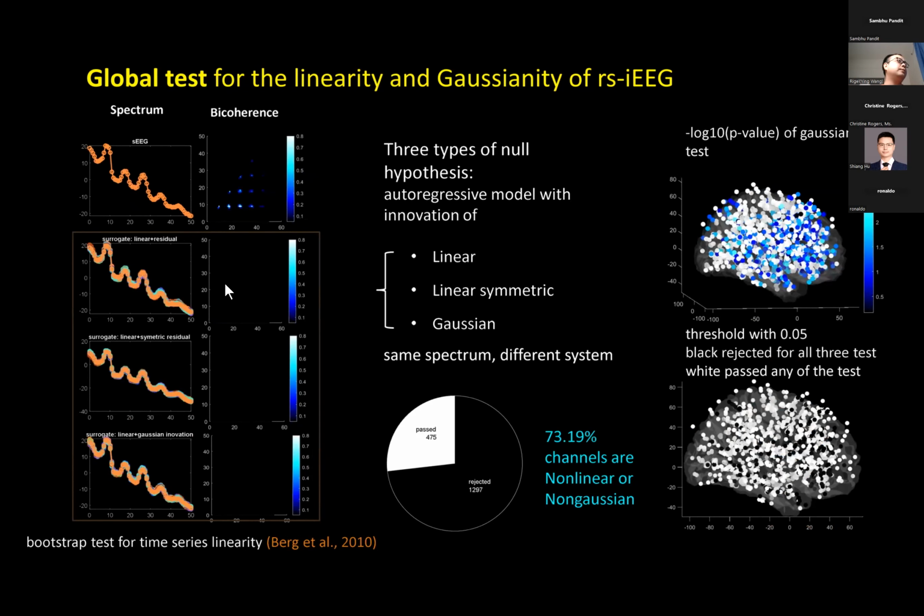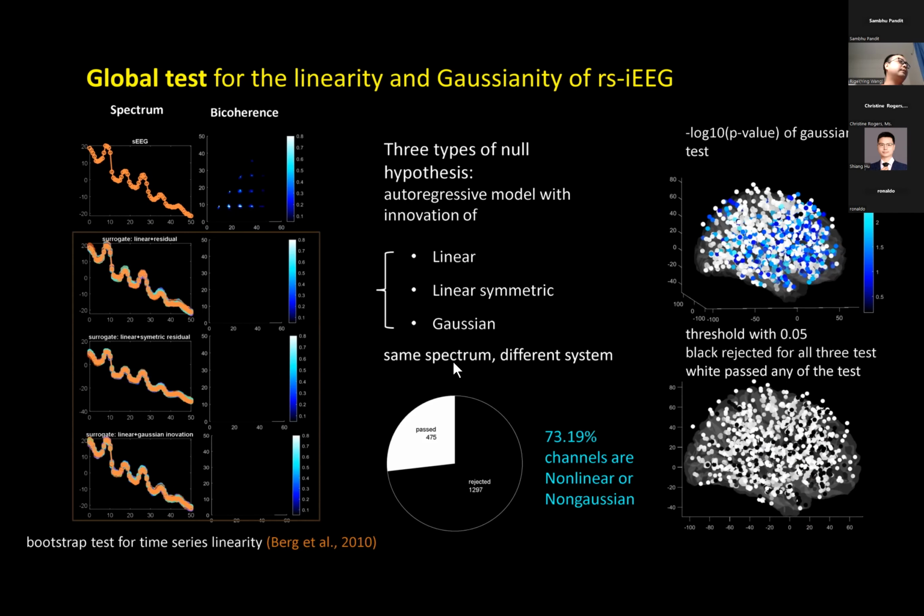The linear one is the linear autoregressive model with the innovation resampled from this residual density function. Then the symmetric version of this residual density function is used to generate what is called the linear symmetric process.